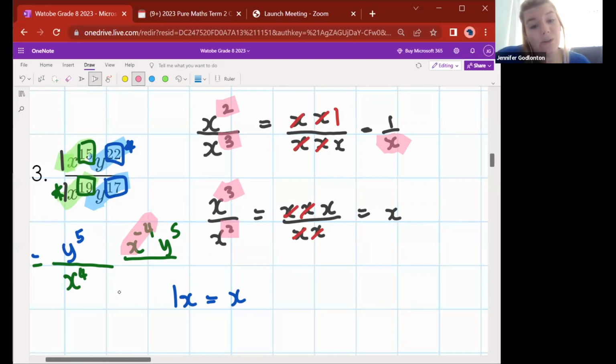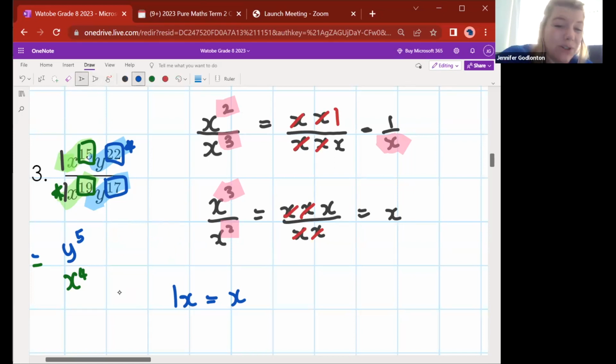And so then that would need to move down. When exponents move down, they become positive. But that's a concept we'll talk about a little bit later in high school, so I don't want you to panic about it too much for the moment. For now, I only really want you to focus on whichever exponent is bigger: take the bigger number minus the smaller number and put the answer where it was originally bigger.